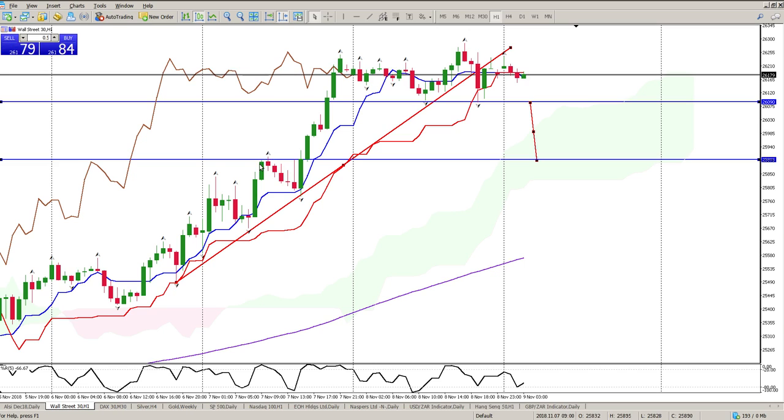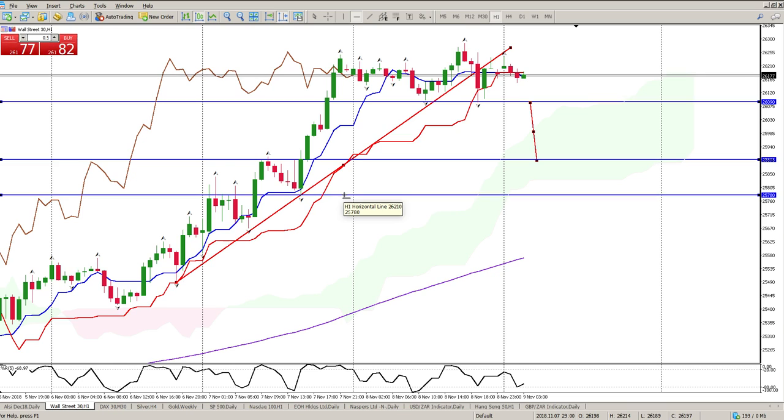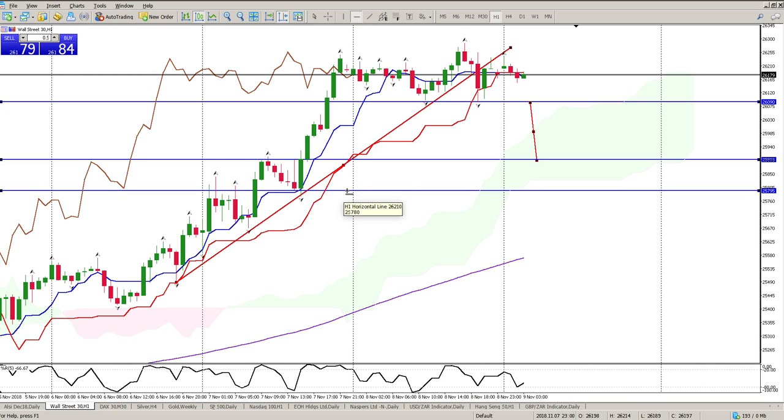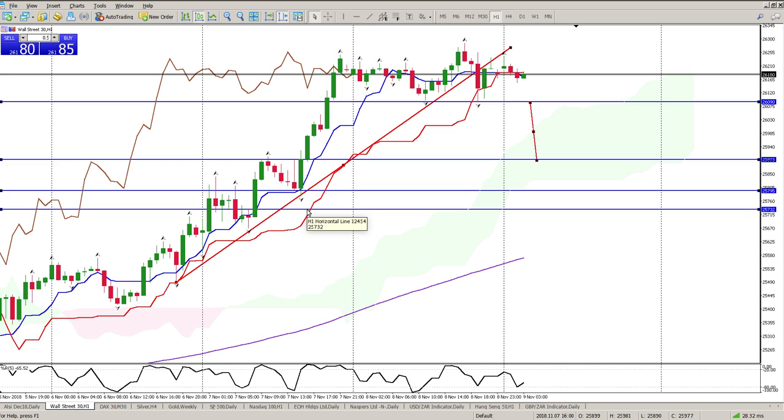So these tails, there's an inside tail there, there's an inside tail there. And if that fails, then we have another one. Well, we have a few. So there's one there, and then we have one there. That's kind of what I'm looking at.